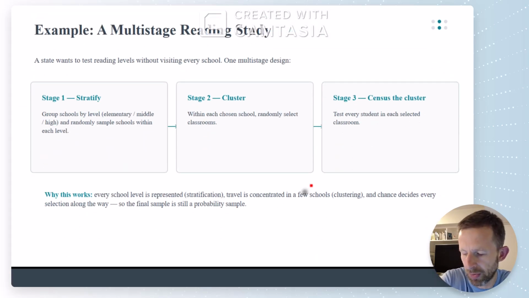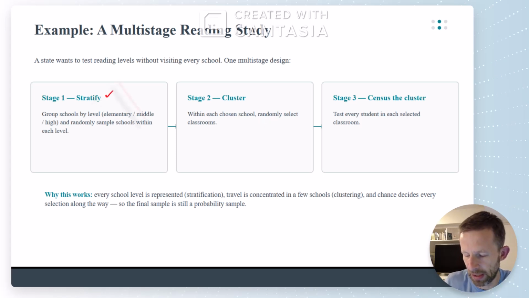Another example, a multi-stage reading study. A state wants to test reading levels without visiting every school. So they stratify the schools based on level: elementary, middle school, and high. And then within each chosen school, they randomly select classrooms, and then they talk to every single student in that classroom.